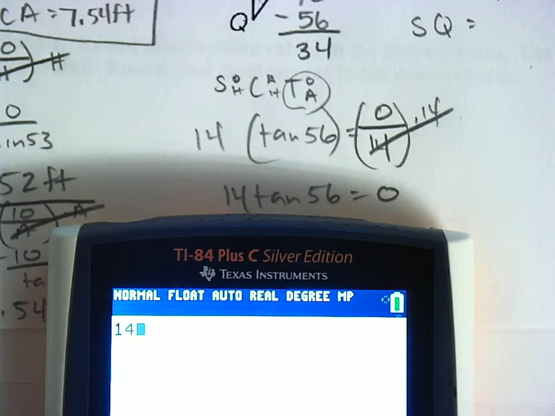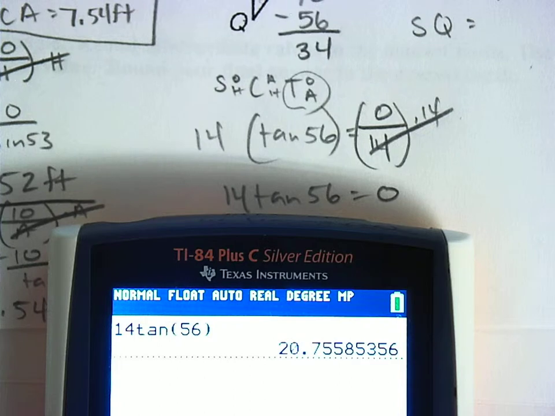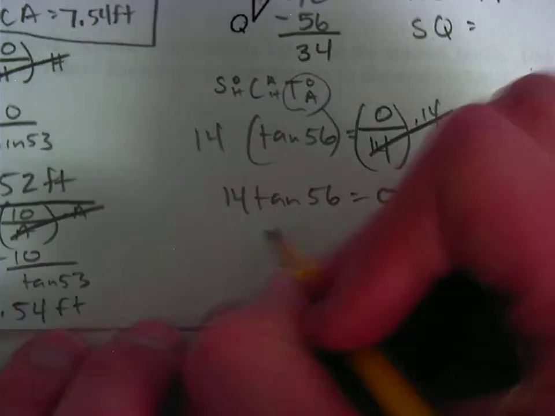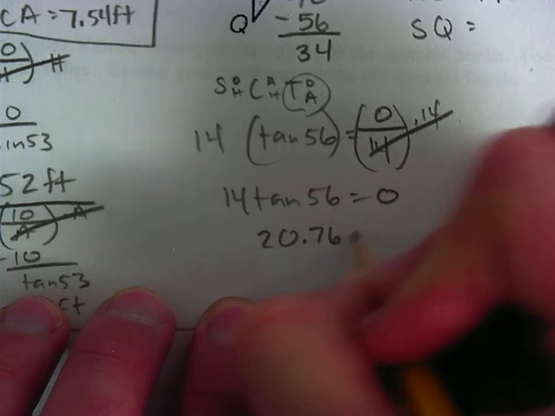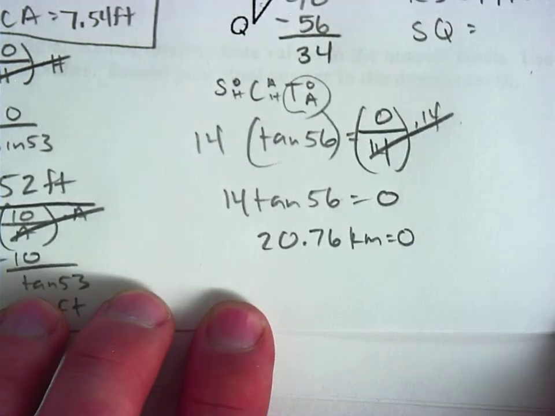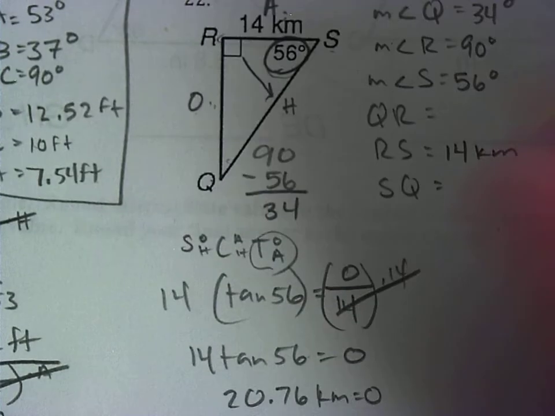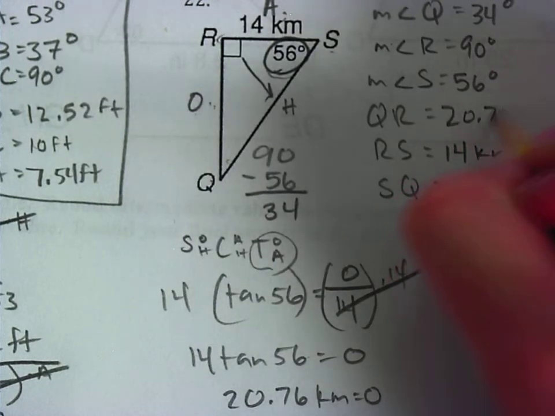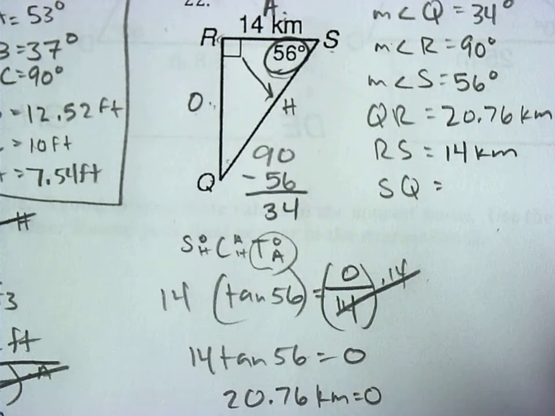We're doing 14 tan of 56, and that equals 20.76 when we round to the nearest hundredth. So 20.76 kilometers. Now O was side QR, so this is 20.76 kilometers.